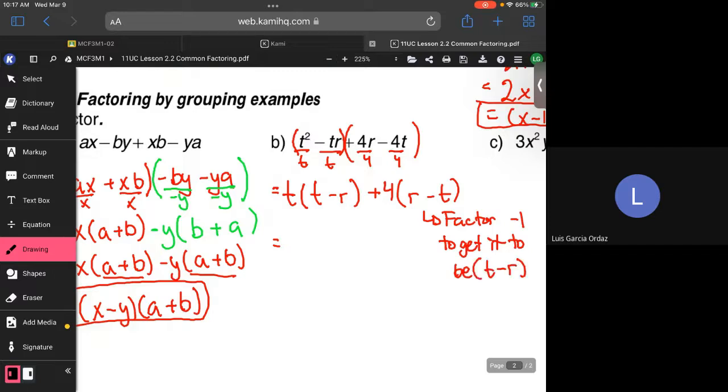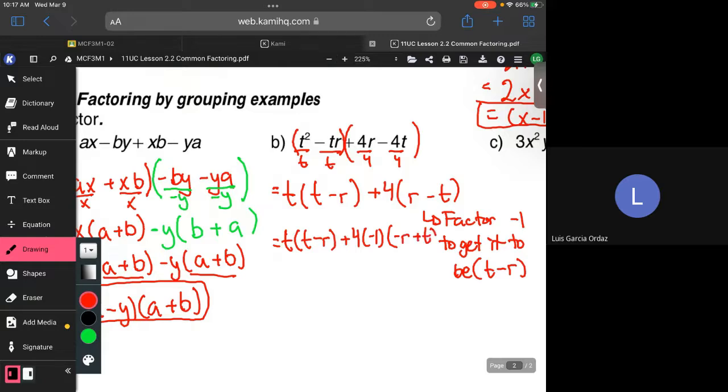So I get t times t minus r plus 4. Because I factor out a negative 1, I have to multiply my positive 4 by negative 1, and I get negative r plus t. So I get t times t minus r, and positive 4 times negative 1 is negative 4.